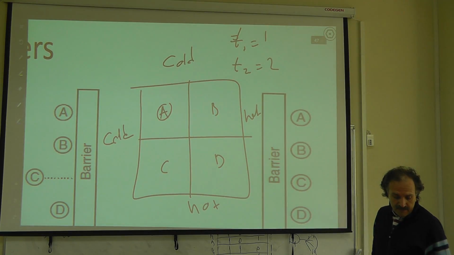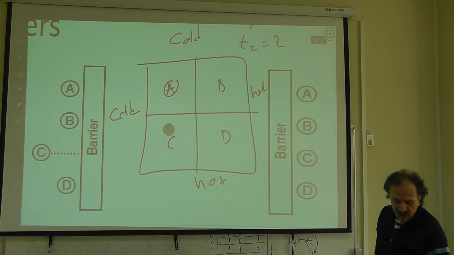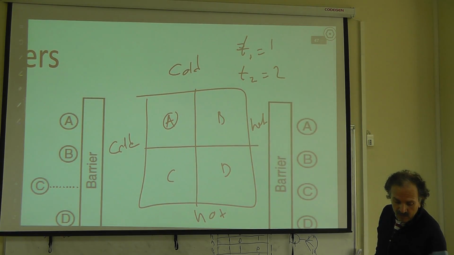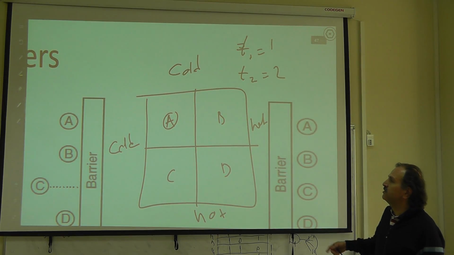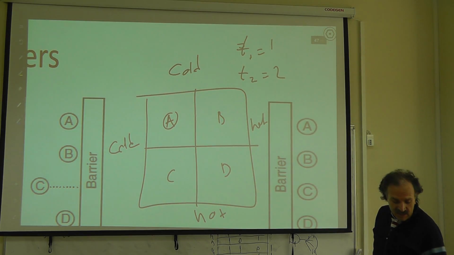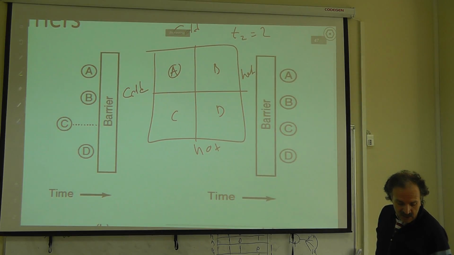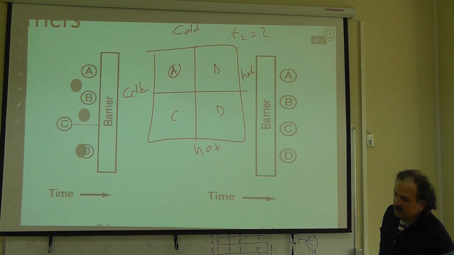So I want each of them to finish their jobs so that I can start running from T2 to T3. So I need this kind of a barrier. Each of them has to finish its job.